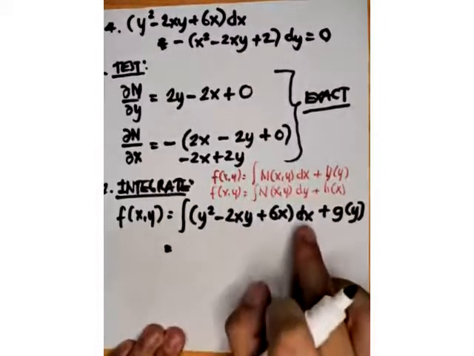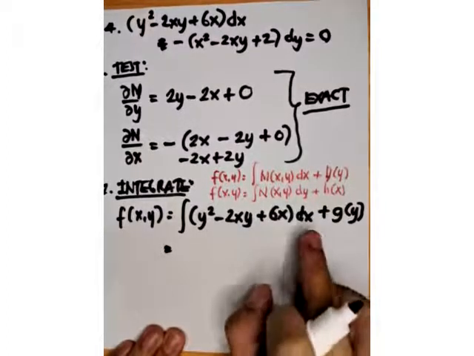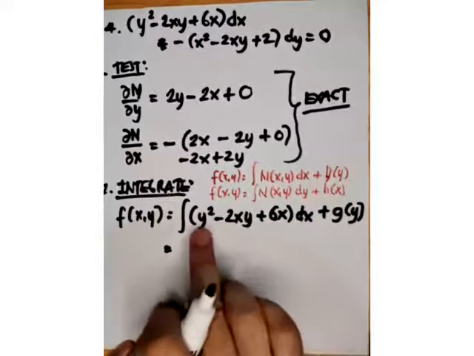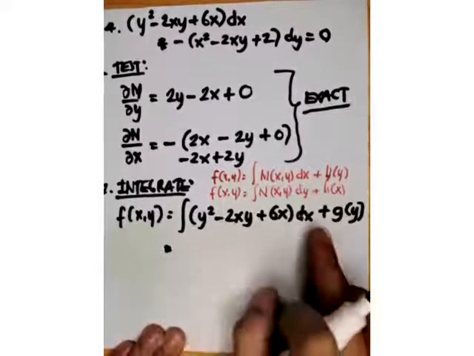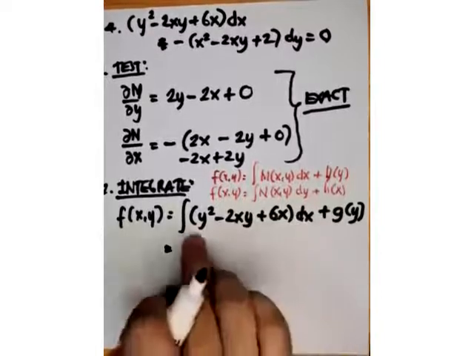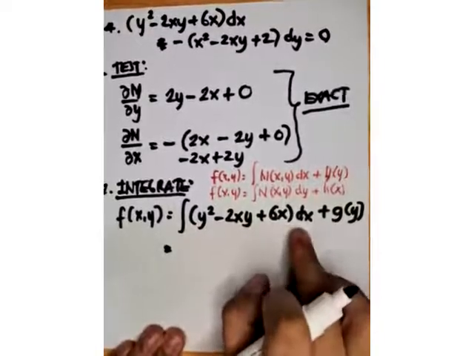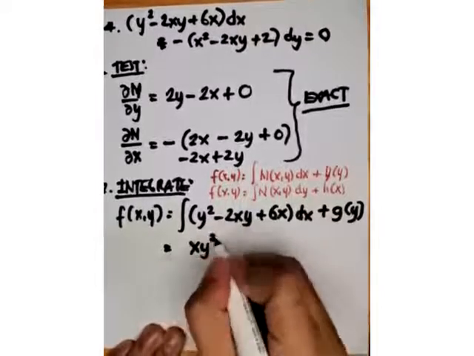Ini-integrate lang natin siya with respect to x. Ano integral nito? Ang y squared niyan is acting as a constant. Anong integral ng dx? That means that is just x. So, that is x y squared.